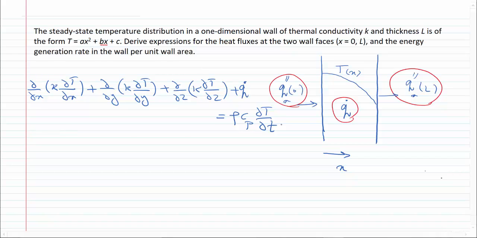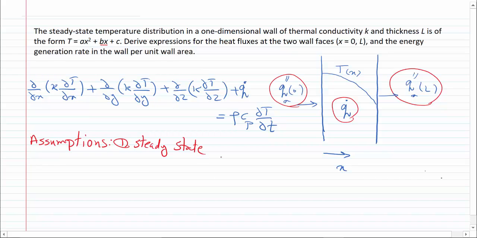Now, what are the assumptions that are applicable here? Let's write those down. First, I'm going to assume that this is a steady state situation. For a steady state situation, the right hand side of this equation is going to be equal to 0. Second assumption is one-dimensional conduction through the wall. In that case, these two terms will also be 0 because we will not have any heat conduction in y and z directions.